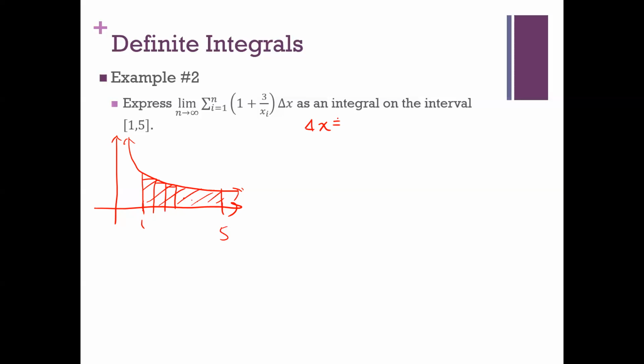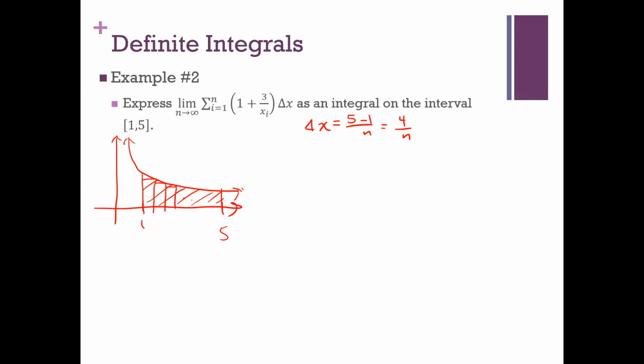How wide is the whole interval? It'd be, right? Which is how wide? 4 over n, right? So if it's a closed interval from 1 to 5, the whole thing is 4 units wide. If I'm going to divide that evenly into n rectangles, each one's going to be 4 over n wide.